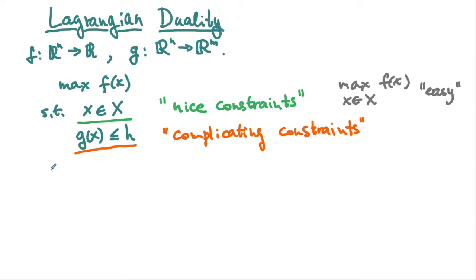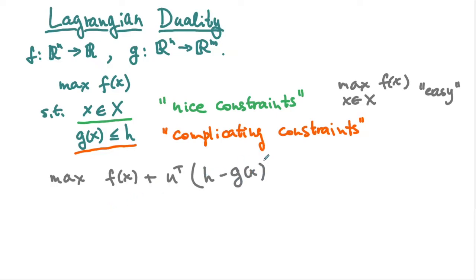As a result, instead of f of x, we will be maximizing the following function: f of x plus, let this multiplier be u transposed, so this will be a vector of length m with non-negative entries, and we multiply this by h minus g of x, subject to x is in X.